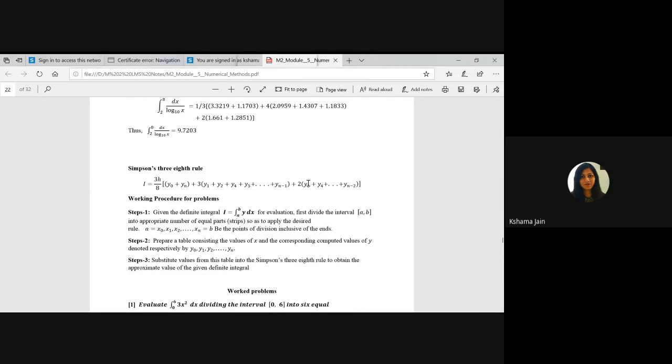Here it should come y3 plus y6. Okay. For this also, I will send you a better scan of my book because this formula is written wrong. Okay, because I got confused. So here we are having y0 to y6. We will have the 3/8 rule formula. So 3h by 8.